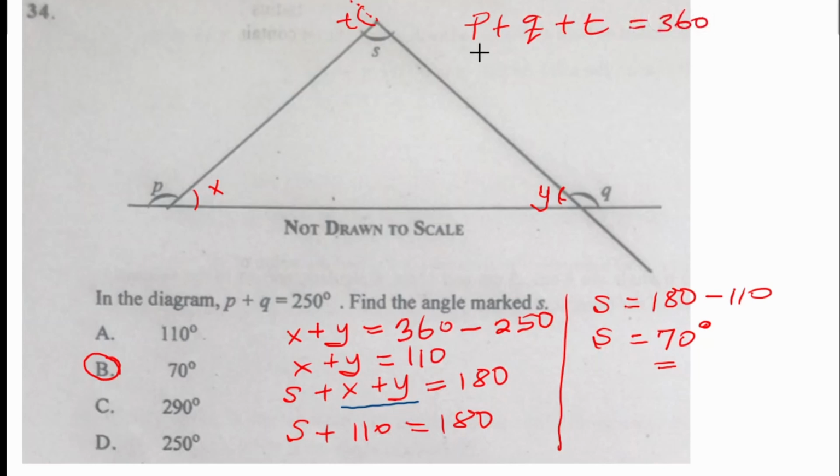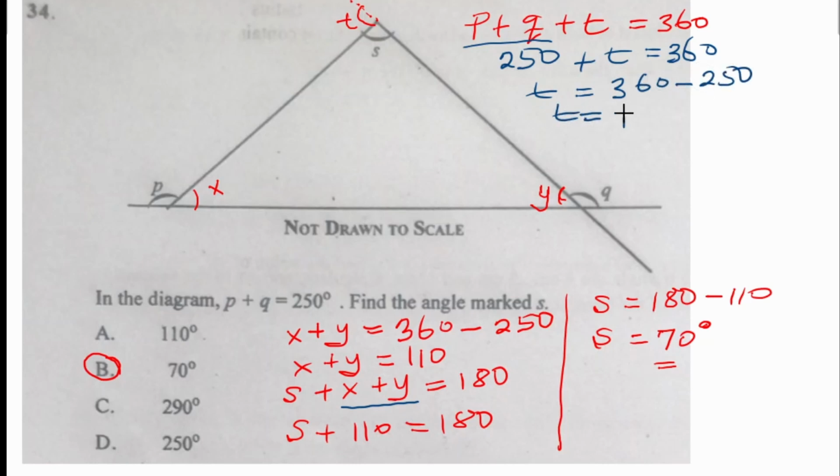And now we know P plus Q to be 250. So 250 plus T will be equal to 360. Now T will be equal to 360 minus 250, which makes T 110 degrees.